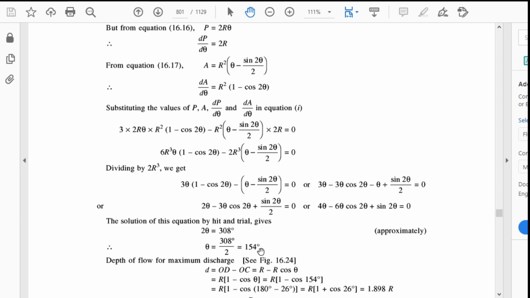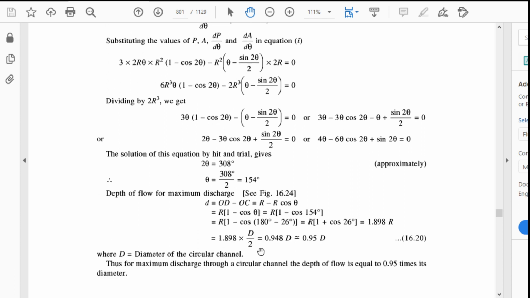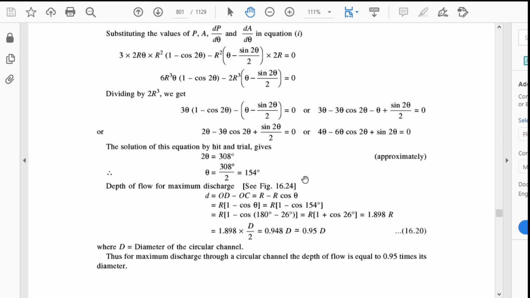Now the depth of flow for the maximum discharge can be calculated as before by using the radius and the cos function of theta. That means d will be your radius minus r cos theta.